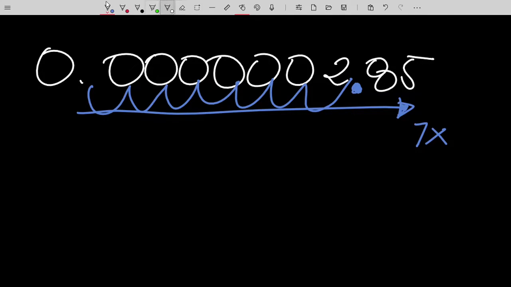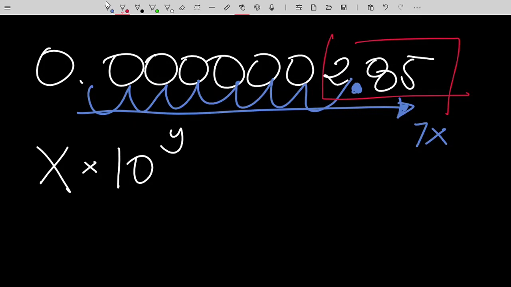Now, what we're going to do next is to again have the general format of your scientific notation, with your x times 10 raised to the y power. Now, what will be our x here? Our x here will be your 2.85.